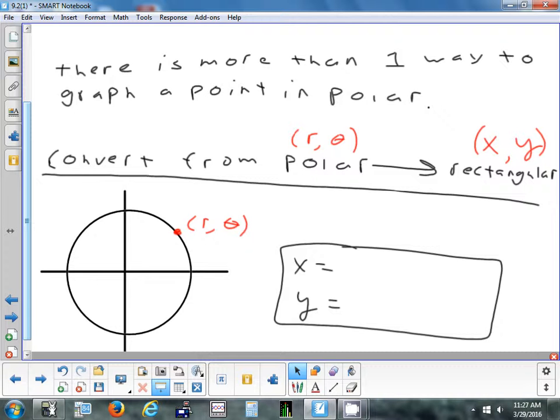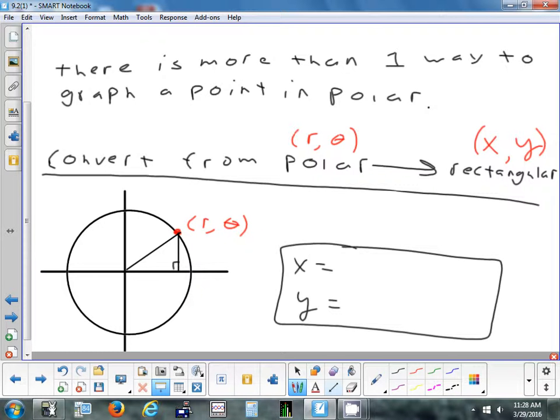Yeah, you use the sine or cosine function to find the x or y. Okay, eventually that's what we're going to get to. What do I have to do before I can even do that? Yep, make a triangle. What kind of triangle? Right triangle. Yes, a right triangle, which then allows me to use sine and cosine.